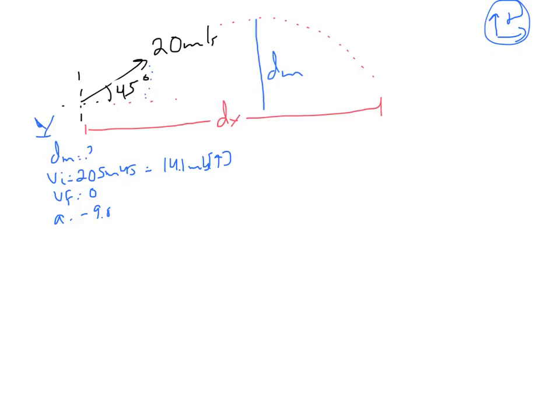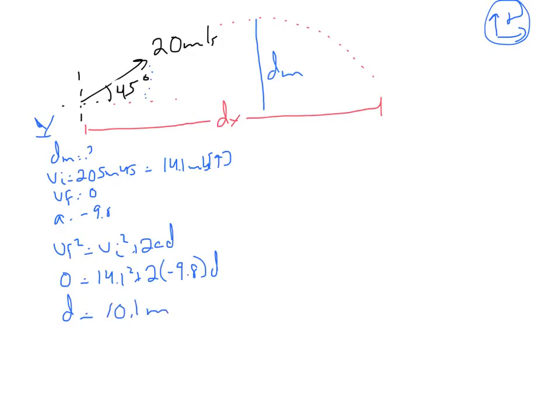Now, easiest equation to use, Vf squared equals Vi squared plus 2AD: 0 equals 14.1 squared plus 2 times negative 9.8 times D. You rearrange and you find D equals 10.1 meters. We can therefore say that dm equals 10.1 meters.